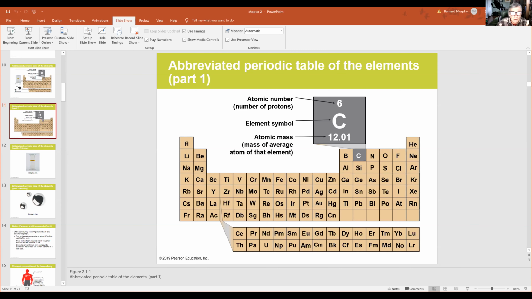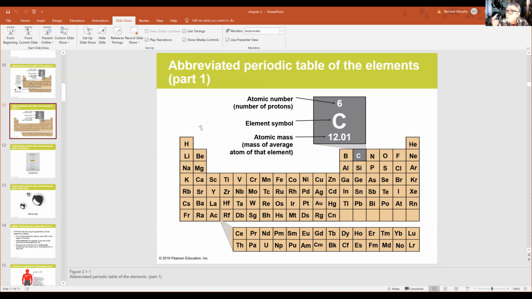So elements in column 1 always make ionic bonds with elements in column 7. So we had before sodium chloride. You could have sodium fluoride, sodium bromide, sodium iodide, lithium chloride, lithium iodide, and so forth. So 1 and 7 always make ionic bonds with each other.